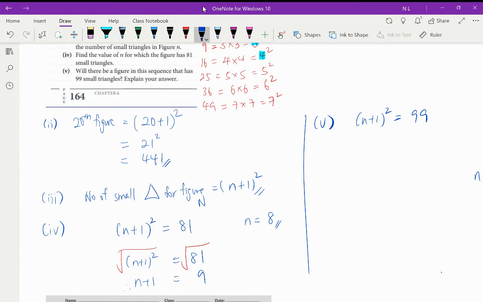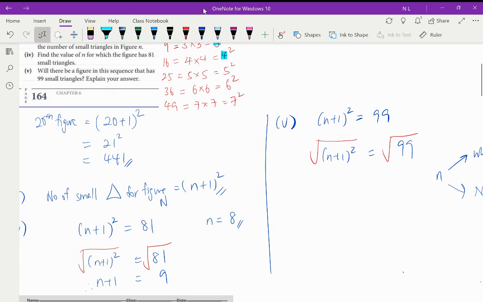In order to know whether this particular figure exists, my n must be a whole number. So I need to square root on both sides. n plus 1 equals square root of 99, so n plus 1 will be equal to 9.94.